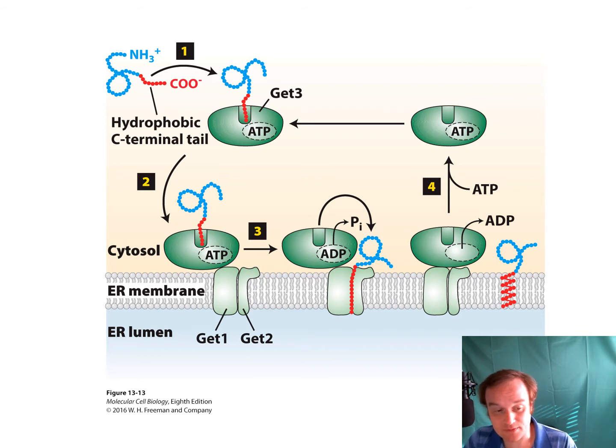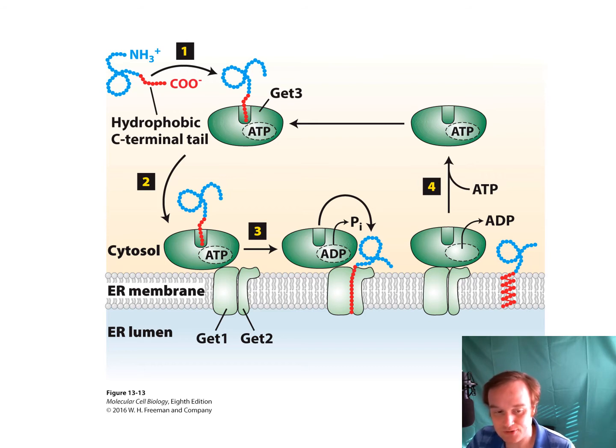And so the mechanism for this is there is a group of proteins, SGT2, GET4, and GET5, and they sequester this nascent protein C-terminal tail anchor and transfer it to this GET3 ATP.